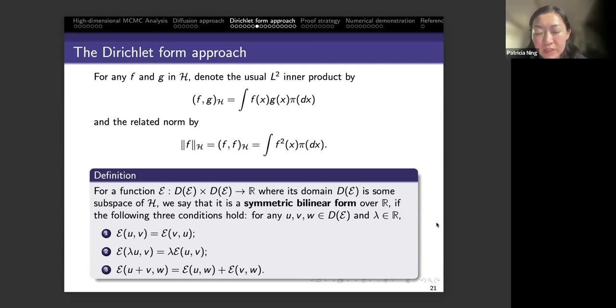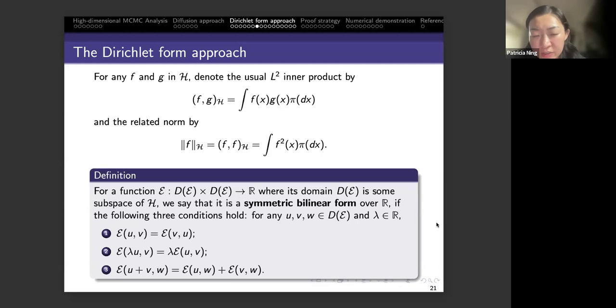Now we are ready to give the definition of the symmetric bilinear form. For a function E from the domain D(E) times D(E) to R, where the domain D(E) is some subspace of H, we say that it's a symmetric bilinear form over R if the following three conditions hold. Firstly, E(u,v) is equal to E(v,u).